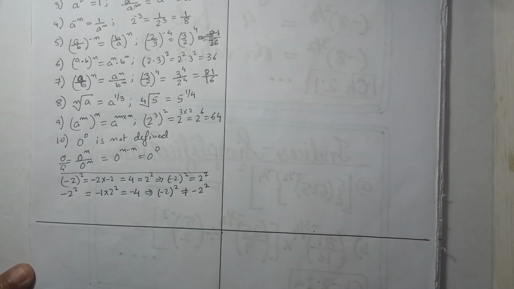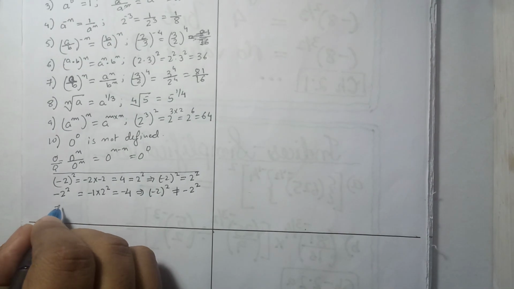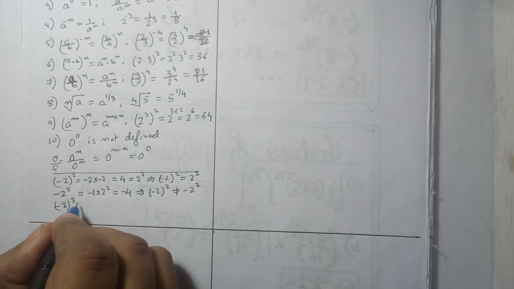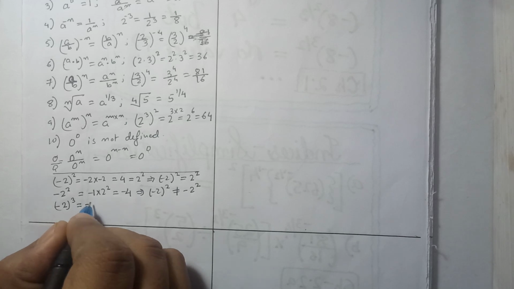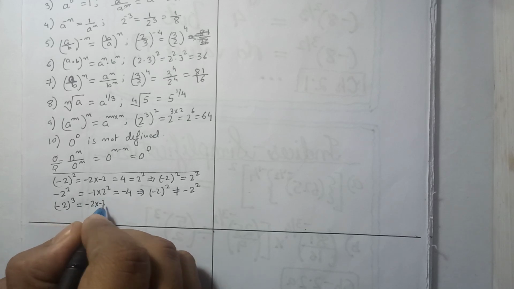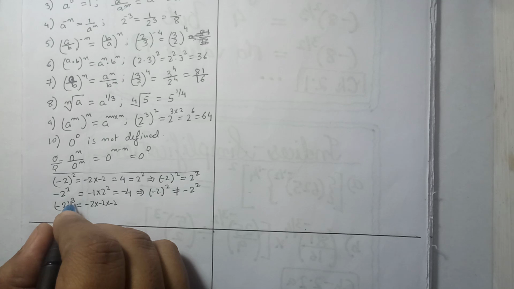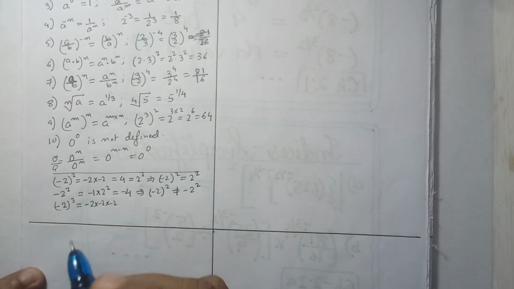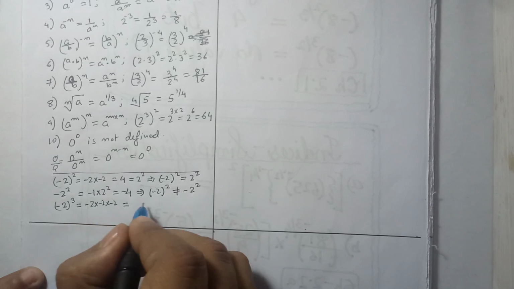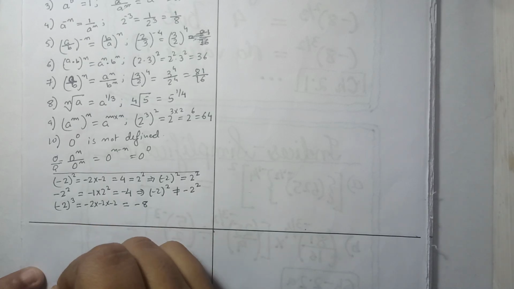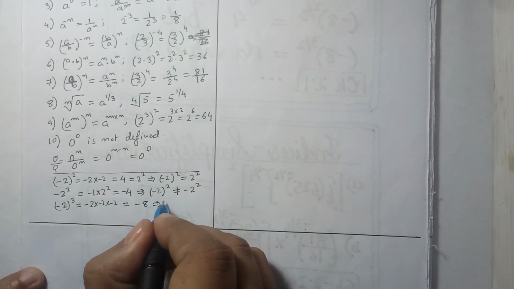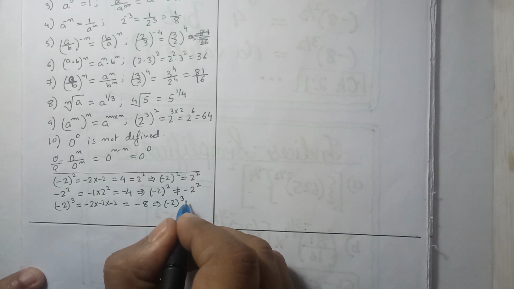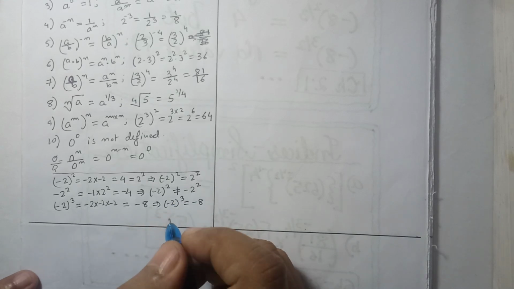Now consider the cube. That is, minus 2 whole cube is equal to minus 2 into minus 2 into minus 2. Anything to the power n, we are multiplying that number that many times. It is minus 8, which implies minus 2 whole cube is equal to minus 8.